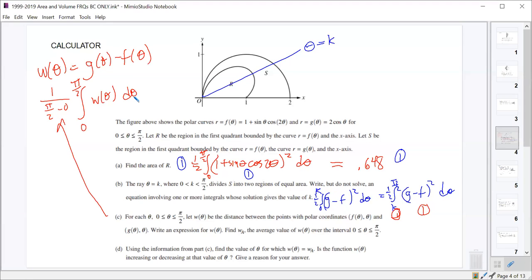Should have been, what did you guys get? Hopefully 0.485, I believe.